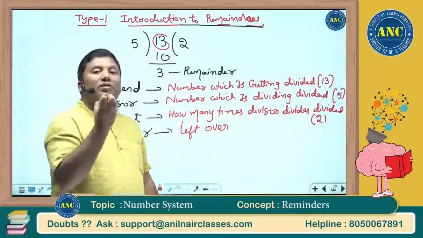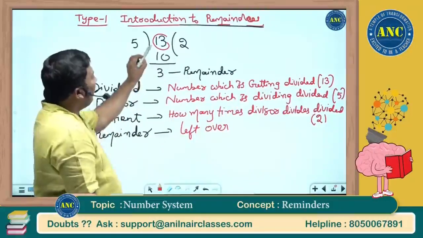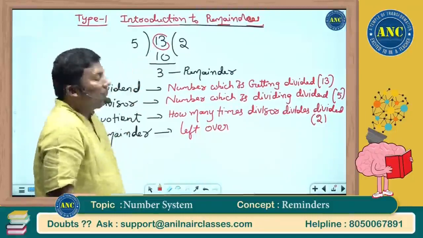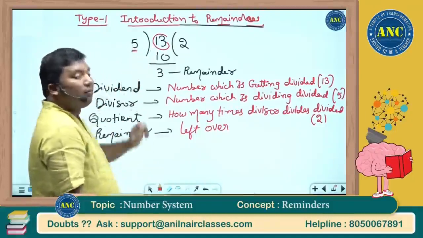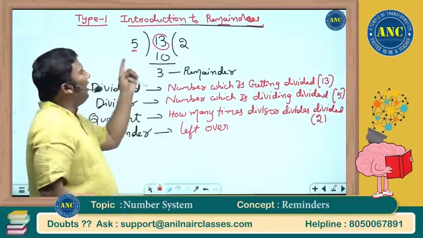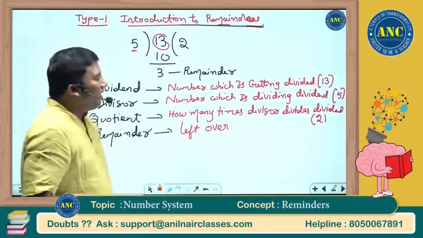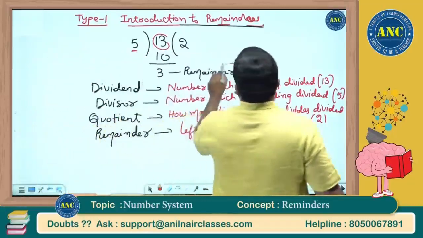Take a number, whatever the number that you take, that is the dividend. Divide this number by some random number, I will get 5. 5 2s are 10. What is leftover? Leftover is nothing but the remainder.